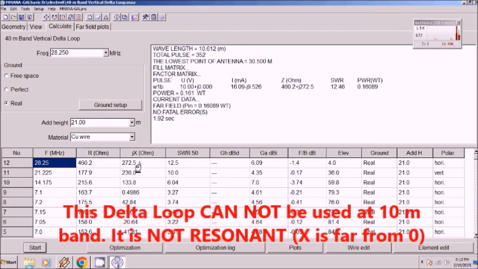So overall SWR will be much higher if still using the same transformer balun. So this antenna cannot be used effectively at the 10 meters band.